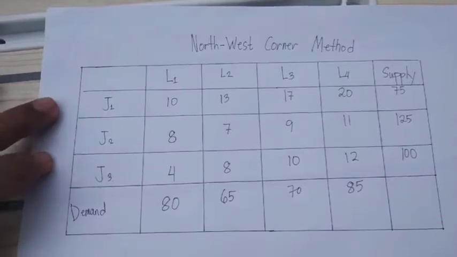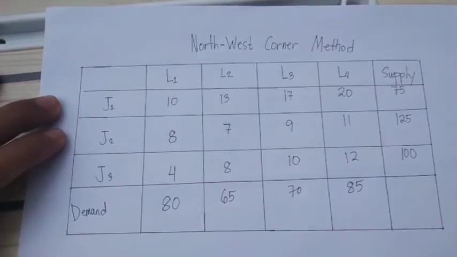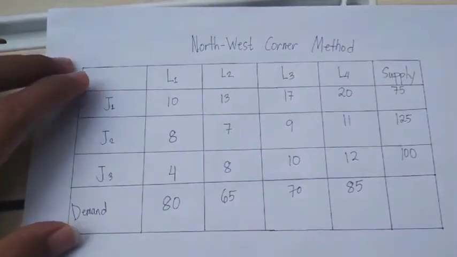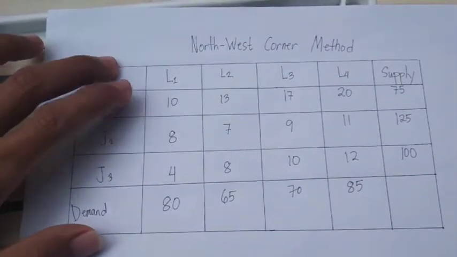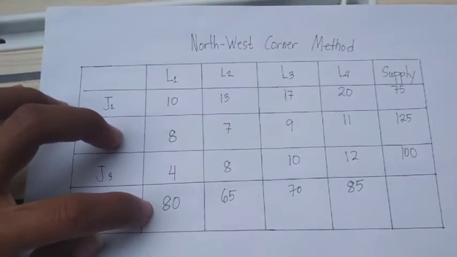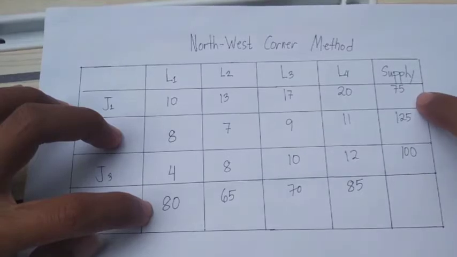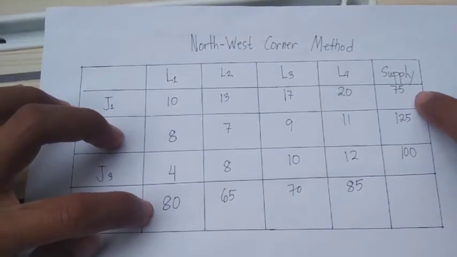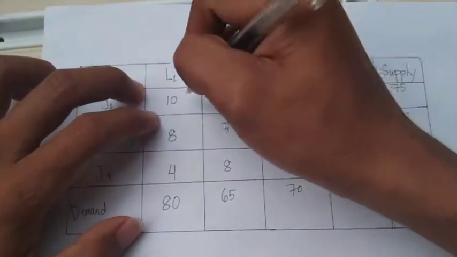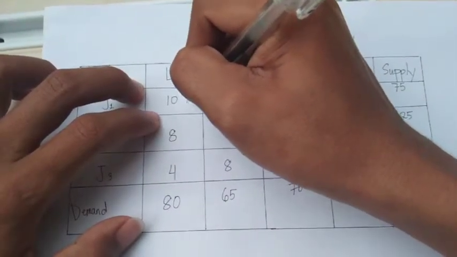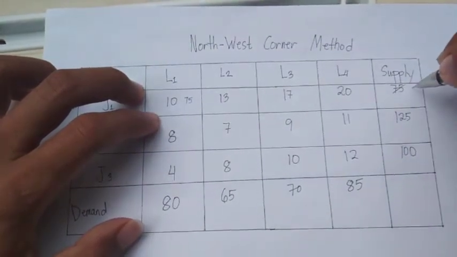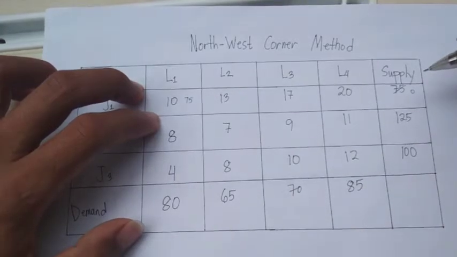In this method, we will start first at the first value. So we will satisfy the demand, which is 80, and the supply, which is 75. Since it is 75 here, we will put 75 here to satisfy the supply. So we will cross this out since it is satisfied, 0.